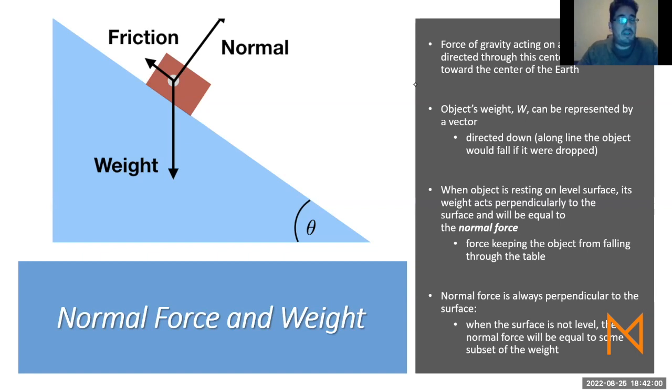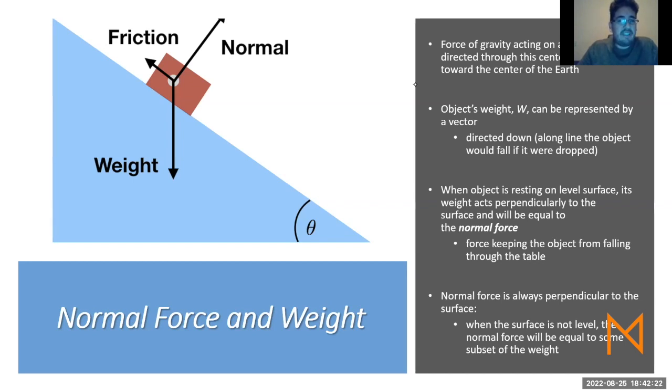So even though it's on an incline, as you see, that incline is not going to affect it as far as our weight is concerned. Our weight is always pulling straight down, so it's always going to be perpendicular to the ground no matter what the angle is of our ramp or our incline, as it pulls downward on its object.